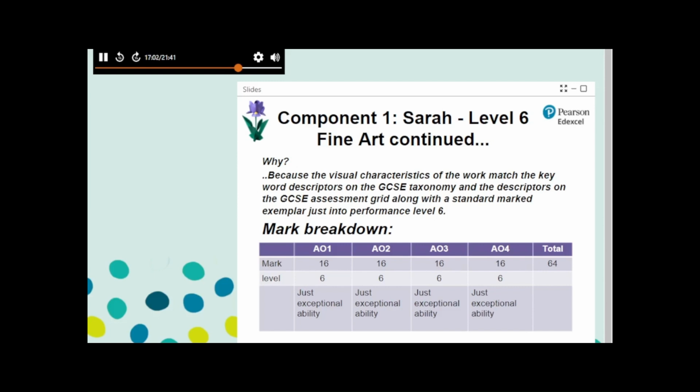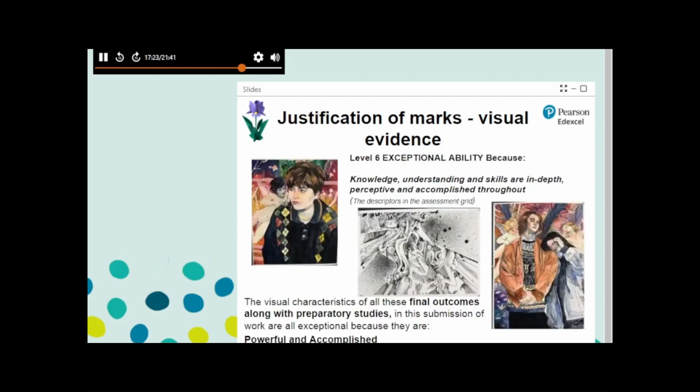Because the visual characteristics of the work match some of the word descriptors on the GCSE taxonomy in Level 6 and the descriptor on the GCSE assessment grid in Level 6, along with a standard marked exemplar that is just into the Performance Level 6. You can see a clear mark breakdown on the slide. Justification of marks, visual evidence.